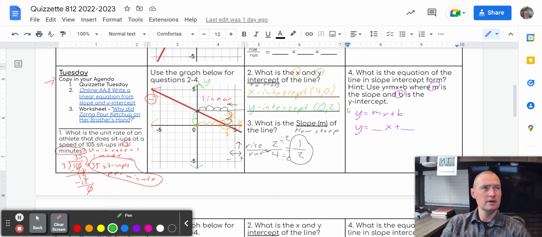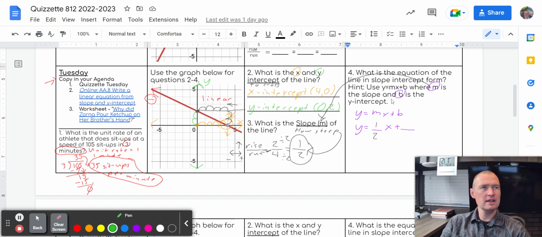So we're going to go on a little scavenger hunt and locate where these points are. The first one is looking for m. Well, m is the slope that we did back on question number 3, and we determined that the steepness of the line is equal to 1/2. So our m value is going to be 1/2.